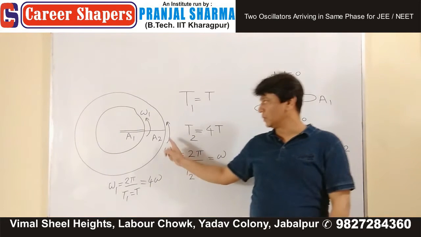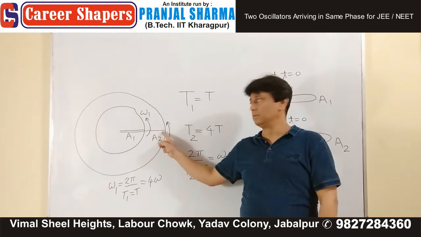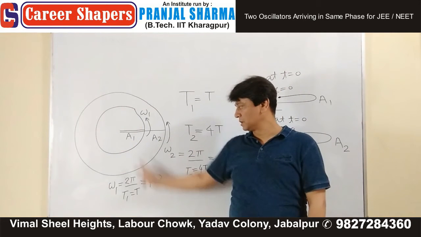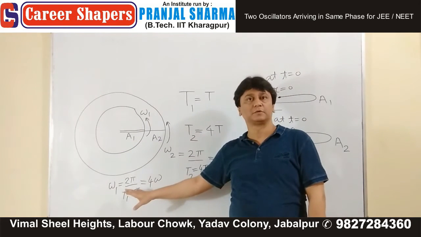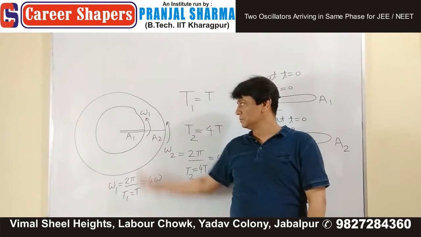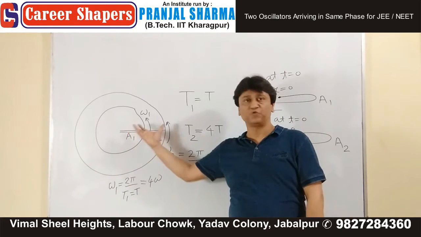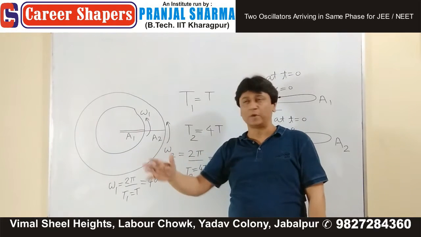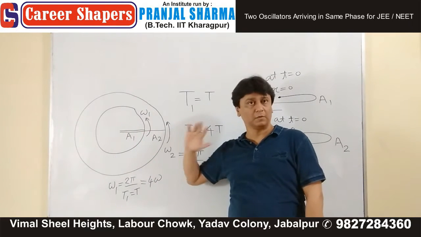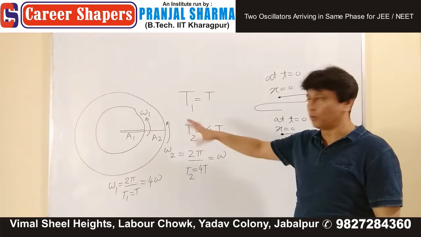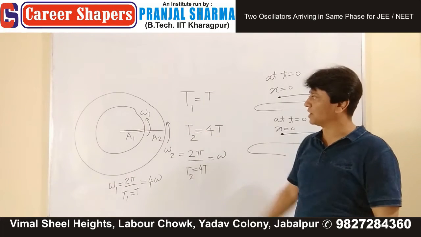So if the angular velocity of the A2 rod is omega, then that of A1 is 4 times omega. So this smaller rod is faster. It has nothing to do with smaller and larger lengthwise, but just so that you can see both figures, I've drawn it this way.